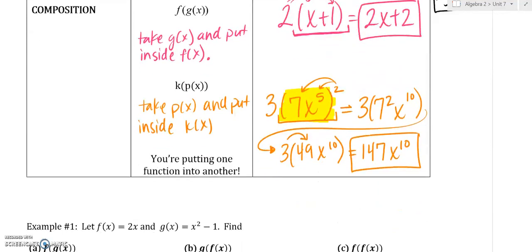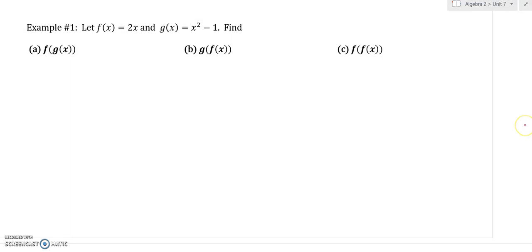Okay, let's practice. Problem A. We have functions. F of x is 2x, g of x is x squared minus 1. We're going to find a couple things. If you like to write this out, I'll write it out for the first few. It says f of g of x. So I'm going to take g of x and put it inside f of x.